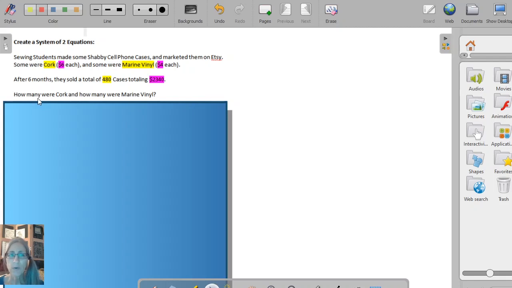So we're looking for a quantity here. That's what we're looking for. How many, which is the quantity. So let's see how we should go about solving that. Now, if you'll notice, I color-coded this problem for you. So I kind of gave you a little bit of a hint.